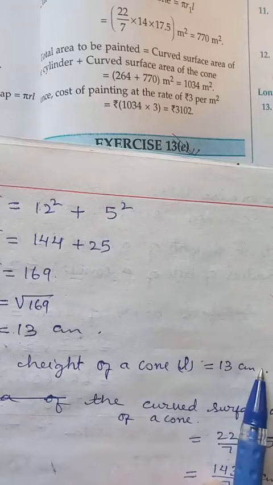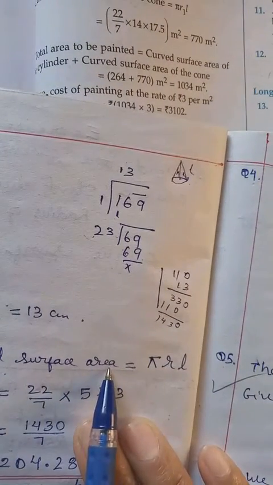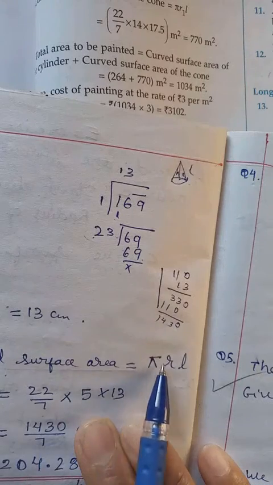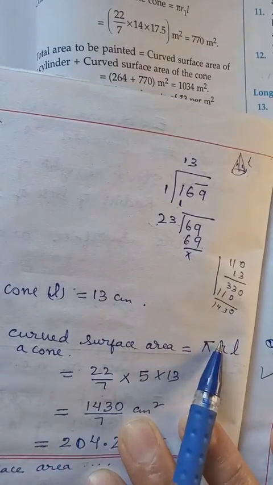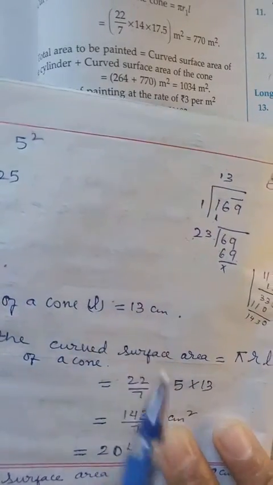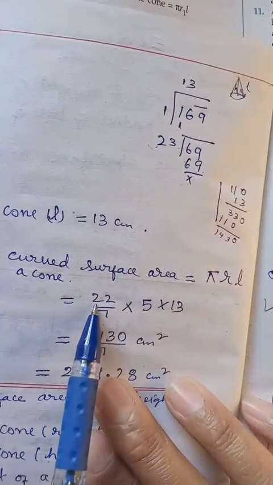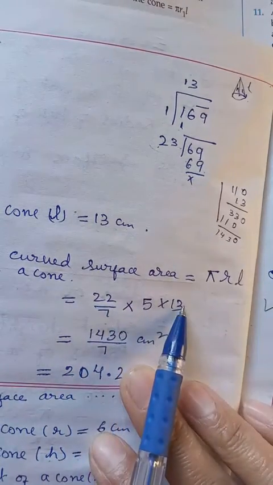Now we have the slant height, we can easily find the curved surface area. We know the formula for curved surface area is pi r L. Pi we know is 22 by 7, R we have from the question, 5, and L we just found out, 13. Here we cannot cancel, so what to do? You multiply 22, 5 and 13.